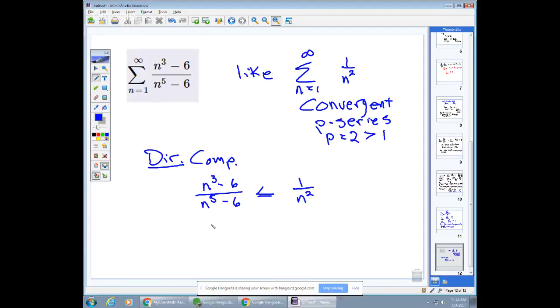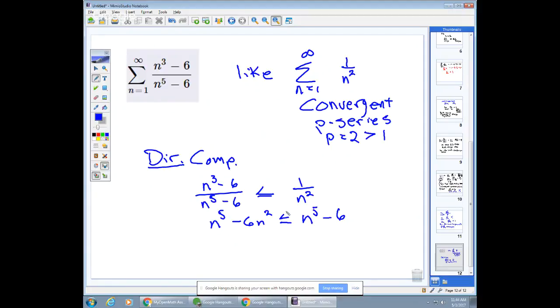A little cross multiplication on that gives me n to the 5th minus 6n squared, multiplying up there, is less than or equal to, excuse me, n to the 5th minus 6.